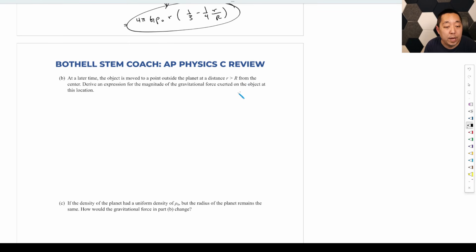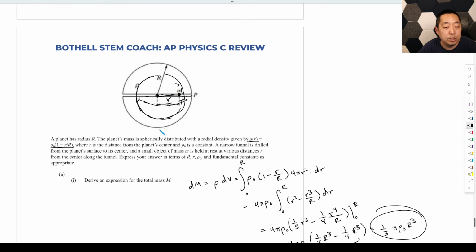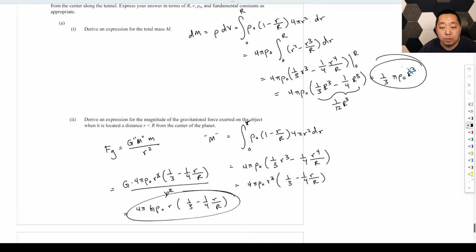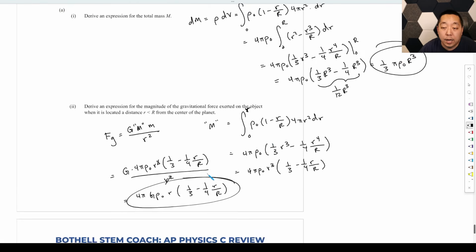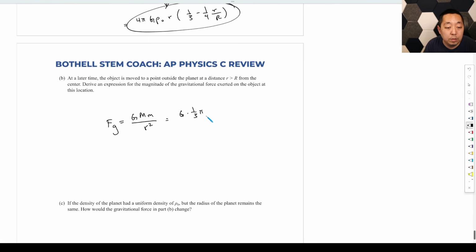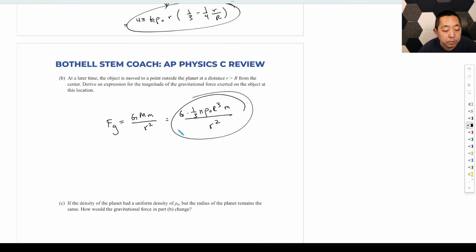Derive an expression for the magnitude of the gravitational force. So this one's a lot easier because once you're outside, you just use the entire mass of the planet, which we said is 1/3 pi rho 0 big R cubed, times m over r squared. Okay.